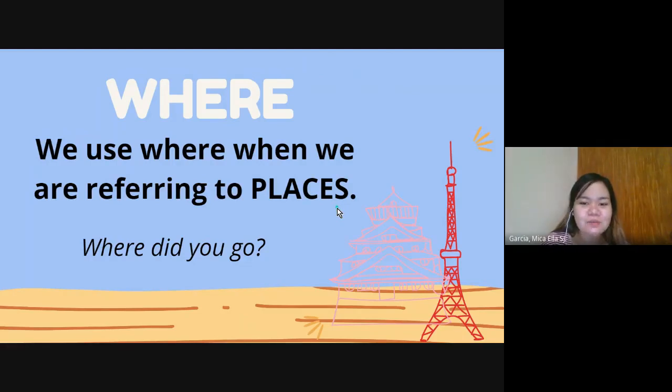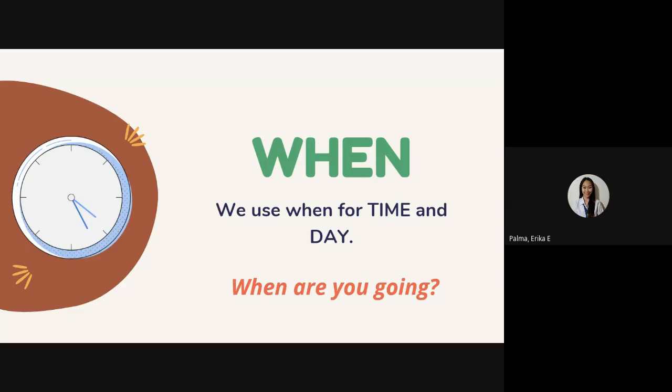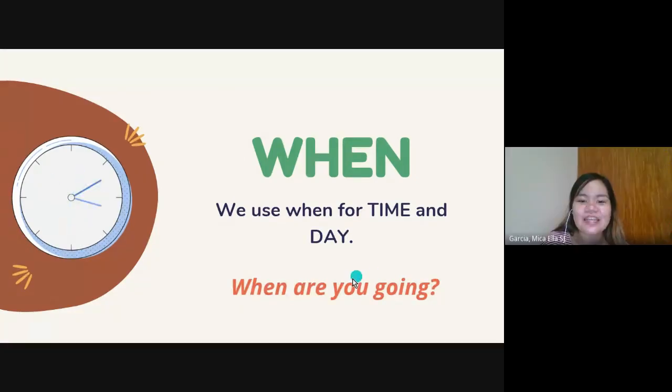The next relative pronoun here is when. When do we use when? Erica. We use when for time and day. All right. We use when we are referring to time or day.